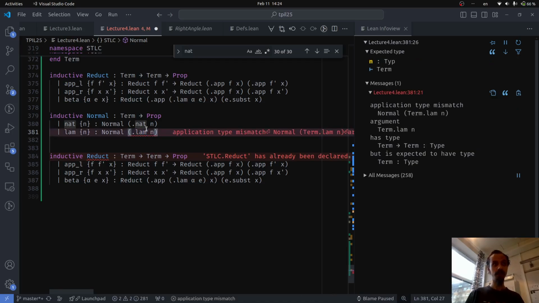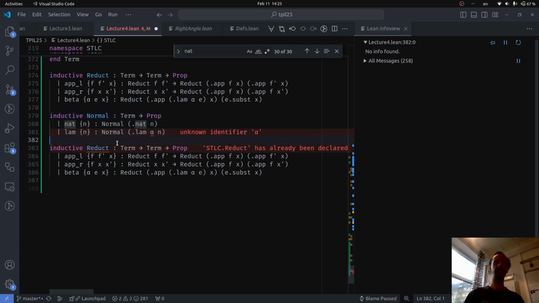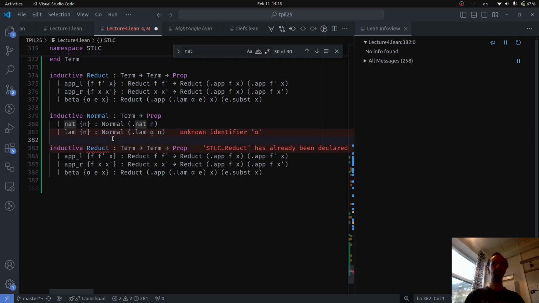So weak head normal form? Good question. Do we want weak head normal form or do we want fully normal form? I think we need a definition like it has no beta redexes anywhere in it.